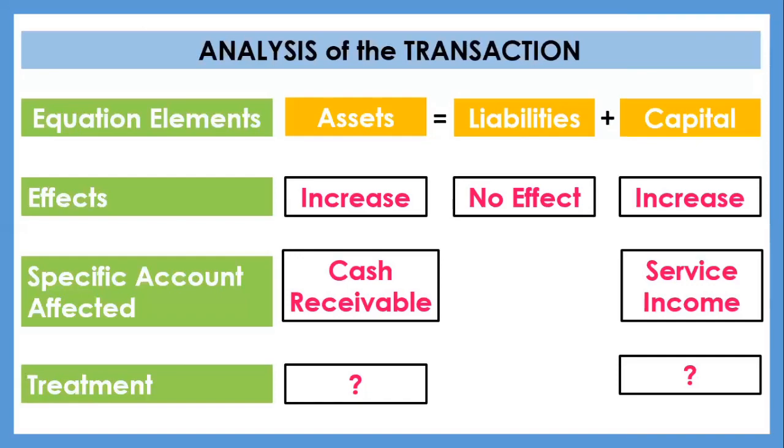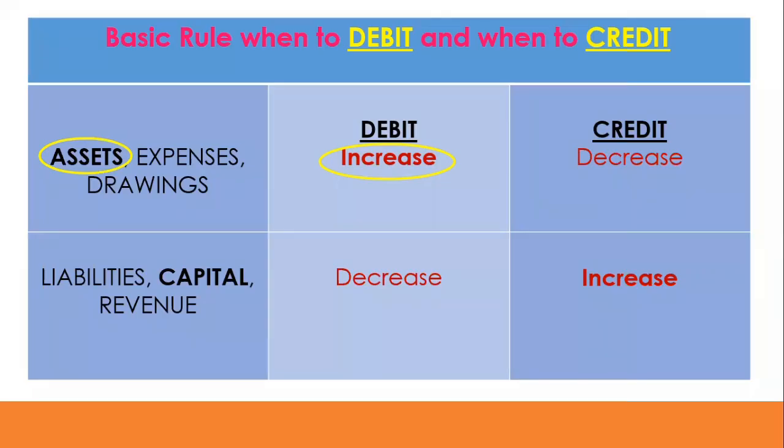Going back to the basic rule, since cash is an asset, we will encircle asset, and since our asset cash will be increased, we will debit cash. On the other hand, since service income is under capital, we will encircle capital, and since our capital will increase, we will credit the account.